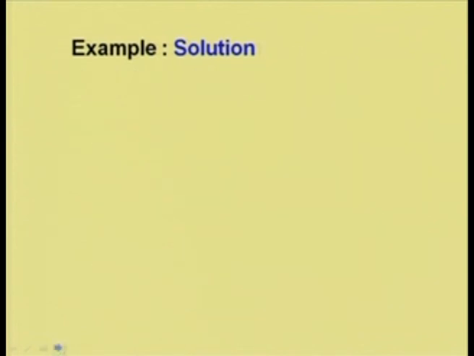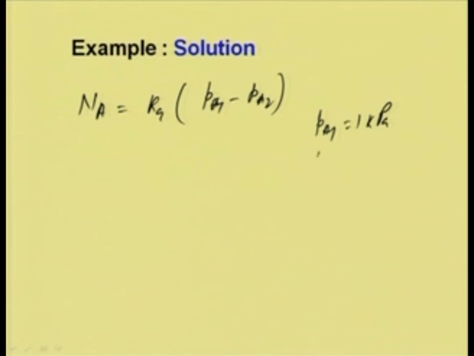Flux, we can calculate N A is equal to kg into P A1 minus P A2. P A1 is given as 1 kilopascal and P A2 can be considered approximately equal to 0.